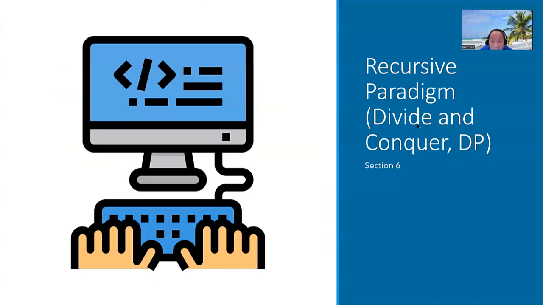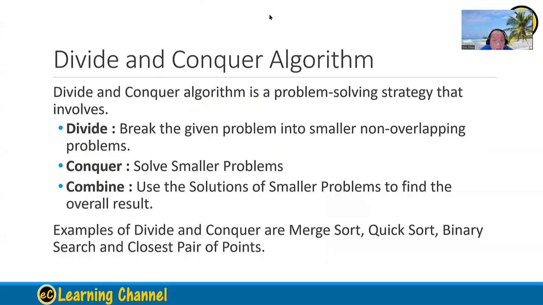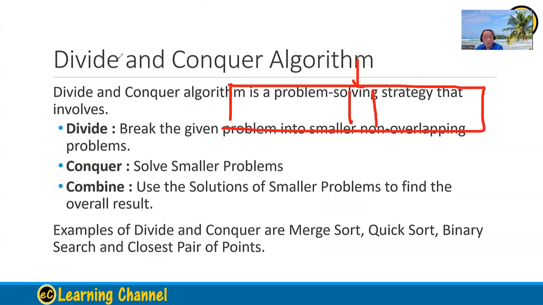And then you have the recursive paradigms, divide and conquer, and dynamic programming. Divide and conquer means you divide a problem into smaller ones, and then solve the smaller problems. So binary search is divide and conquer. You start from the middle, and then you go for this side or that side. You solve the problem in the smaller problem, and later you combine it.